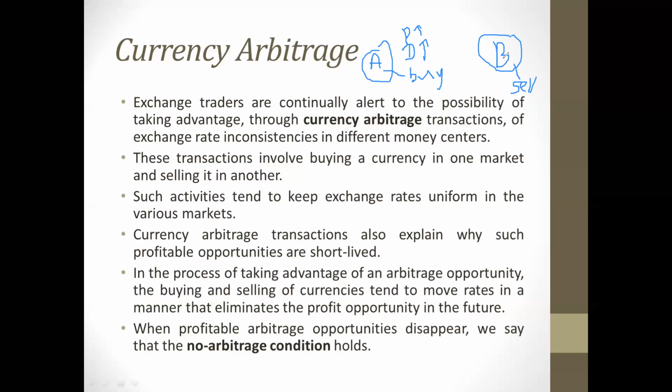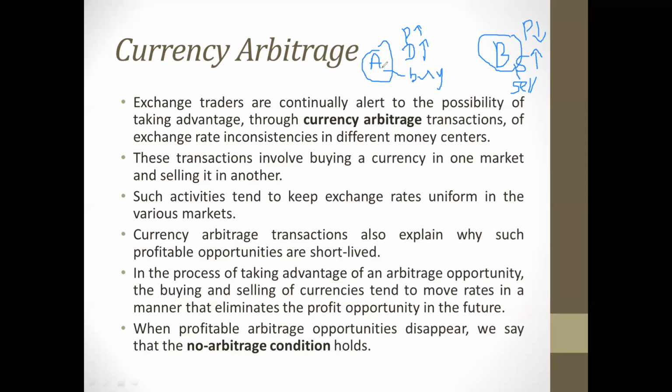The reverse picture you can see in the other market, where prices are high. People are trying to sell in that market. When selling is high, the supply of goods in that market is going to be high. When the supply is continuously increasing, it gives pressure for the price to go down.